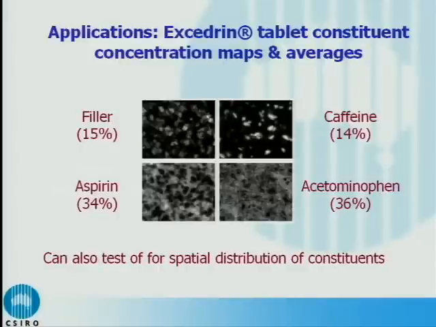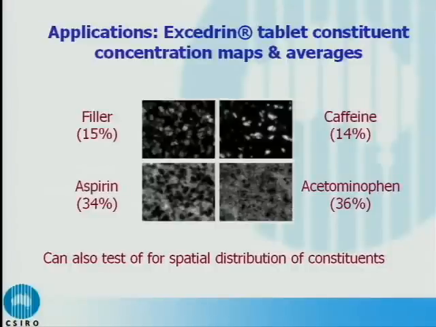Those are the concentrations or proportions, maps of each of those constituents. And you can average those proportions and get an overall estimate of what's in there. And that's actually pretty close to what's on the label on the bottle from which this tablet came. And note it's only part of a tablet and it's only looking at the surface. It's within a few percent of what's advertised on the bottle.